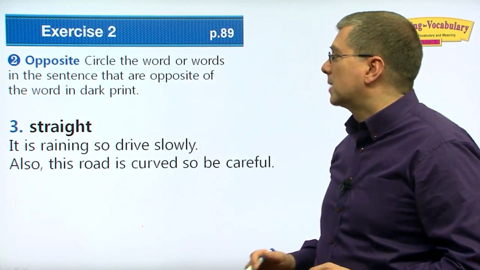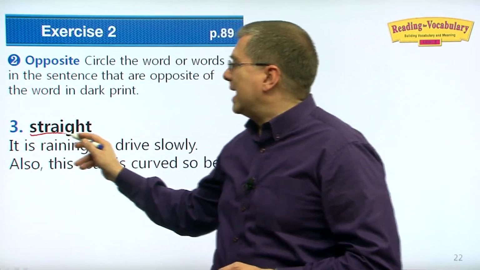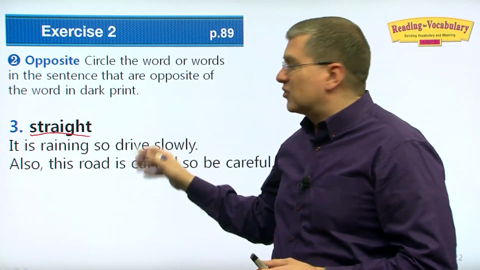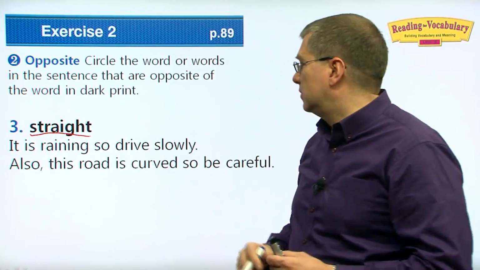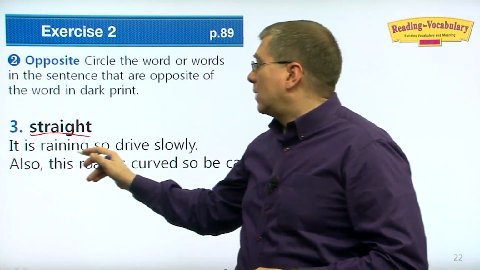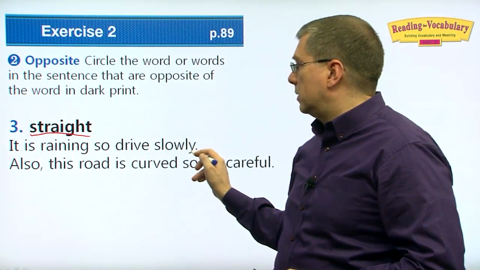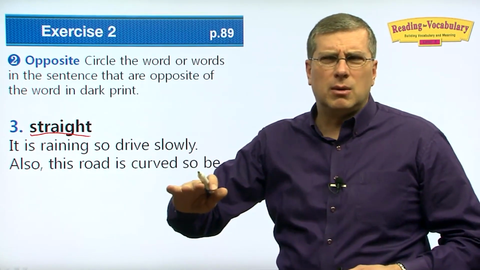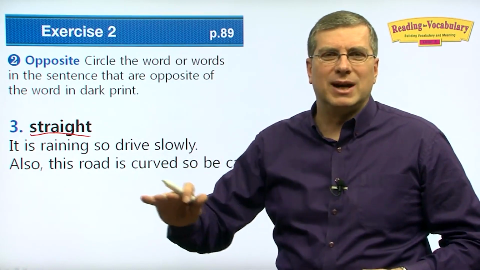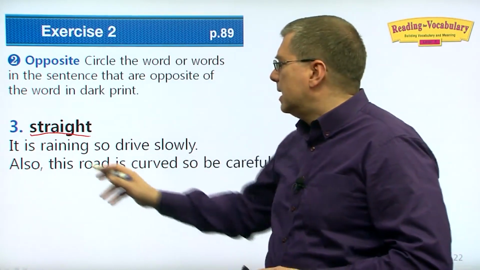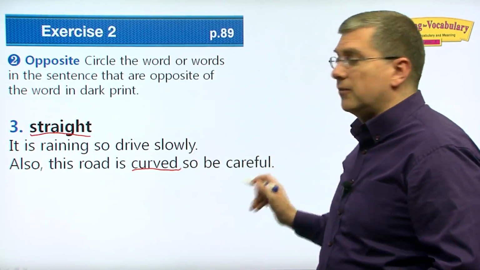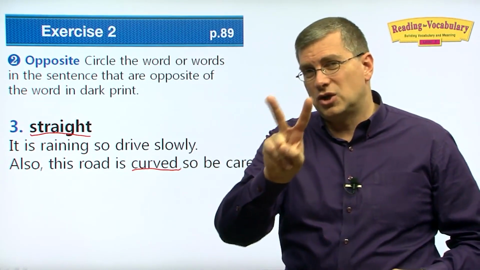Okay, the third one, the word is straight. What is the opposite of straight in the sentence, or two sentences? It is raining, so drive slowly, right? It is raining, the road gets slippery. It's dangerous. Also, this road is curved, so be careful. There are two things you have to watch out for.